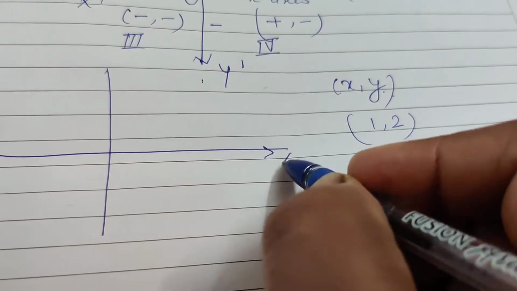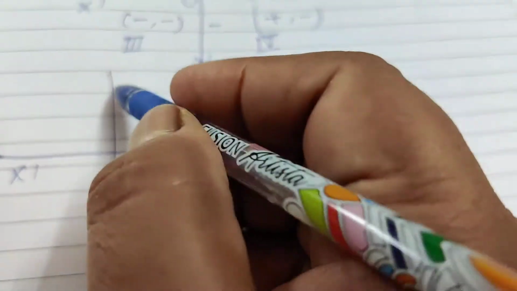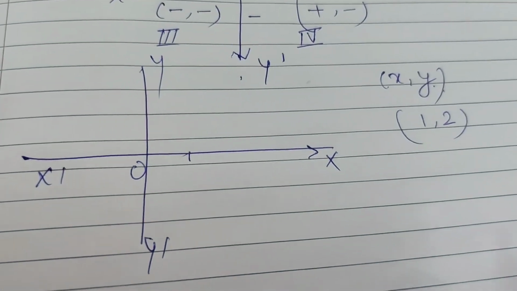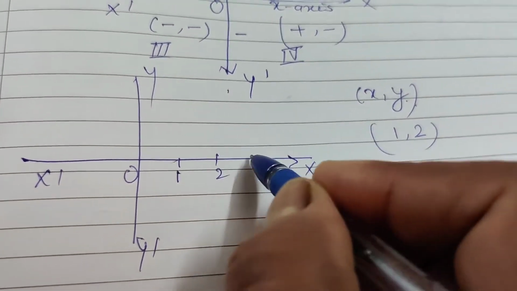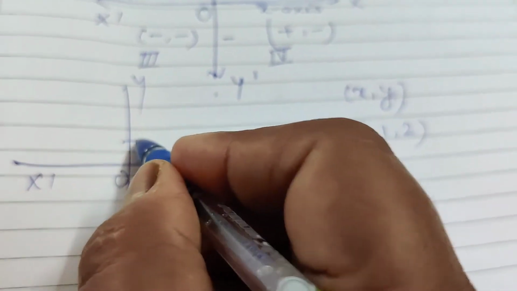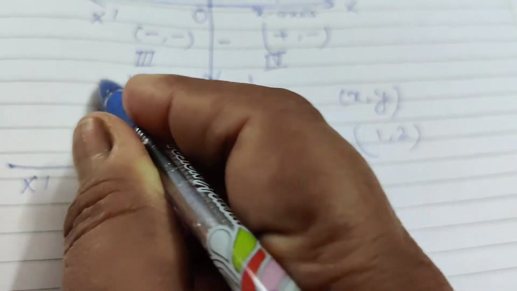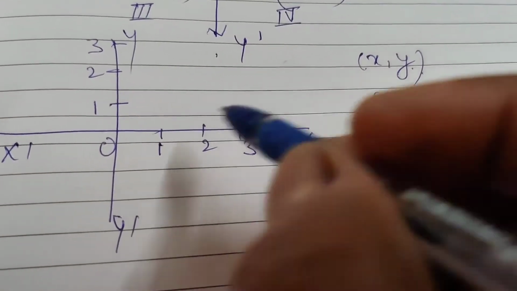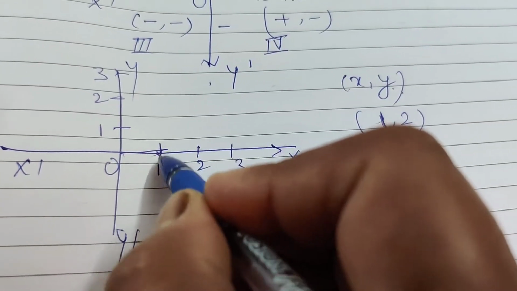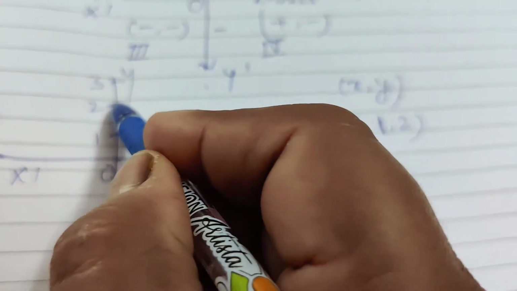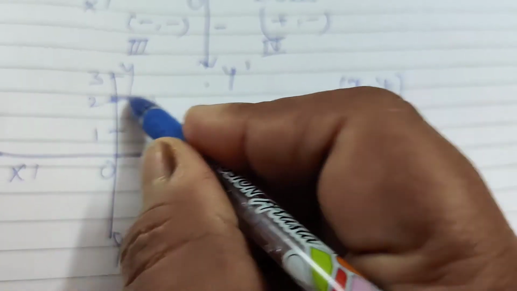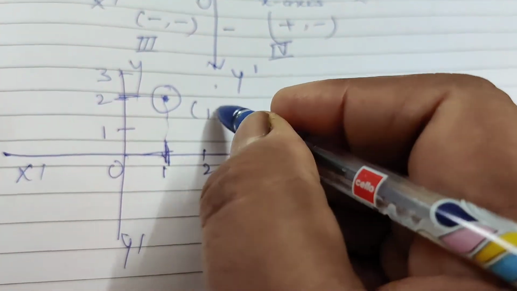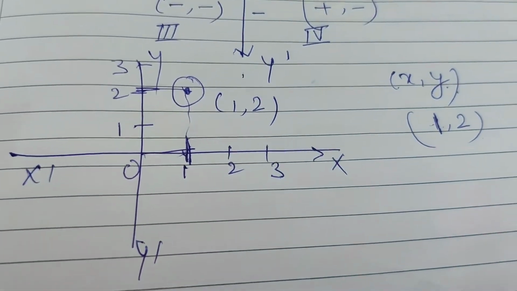So first you have to draw the x-axis and y-axis and origin, and take points 1 centimeter each, 1, 2, 3, etc. The number 1 is from the x-axis, and 2 is from the y-axis. Where these two points meet, this point is (1, 2). This is the plotting of points in the Cartesian plane.